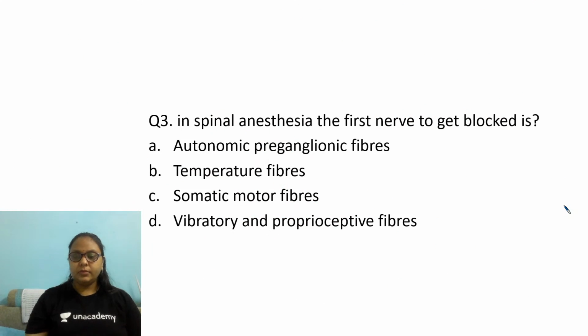Now, the next question is: in spinal anesthesia, the first nerve to get blocked is A, autonomic preganglionic fibers, B, temperature fibers, C, somatic motor fibers, or D, vibratory and proprioceptive fibers.